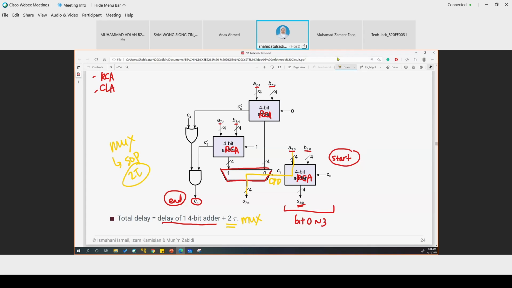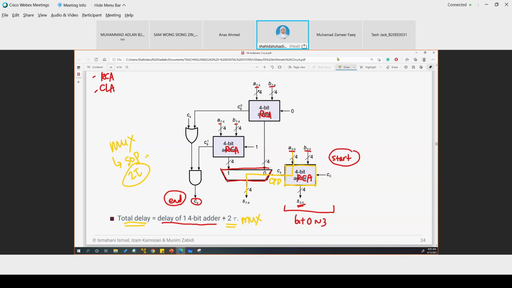When we want to find the total delay, we only care about this block, okay? Because we have to know the delay of this 4-bit adder block, and also plus 2 tau. And this 2 tau is coming from the mux, because if you recall, a mux can be expressed using an SOP, sum of product, which is 2 tau.